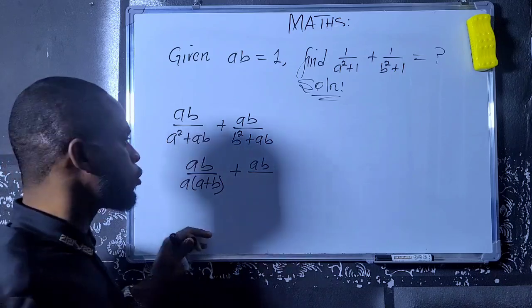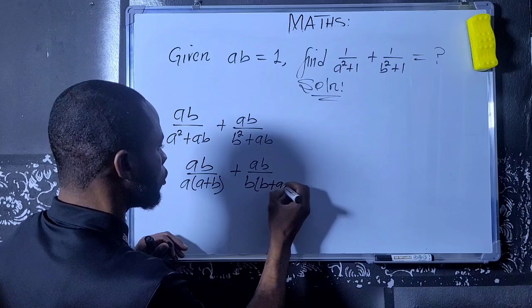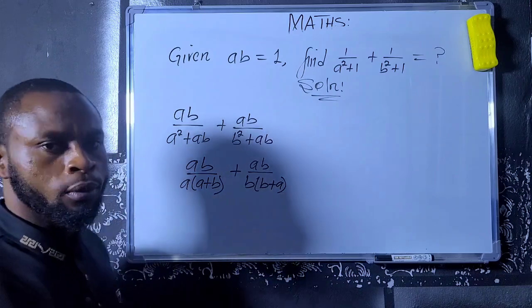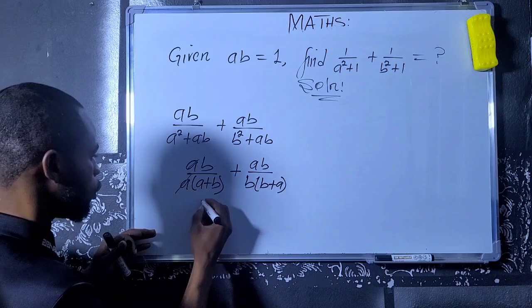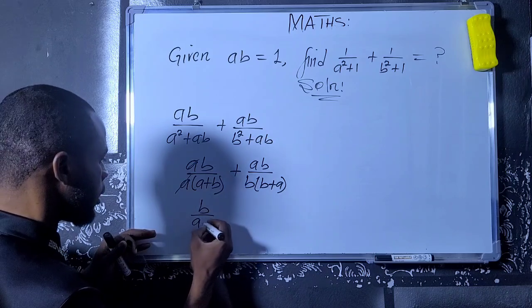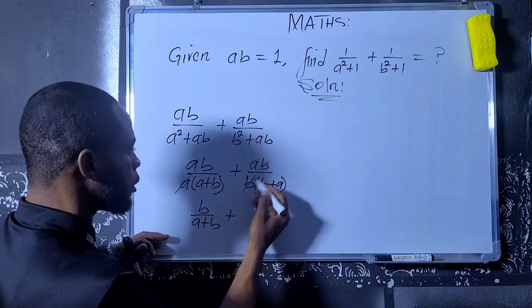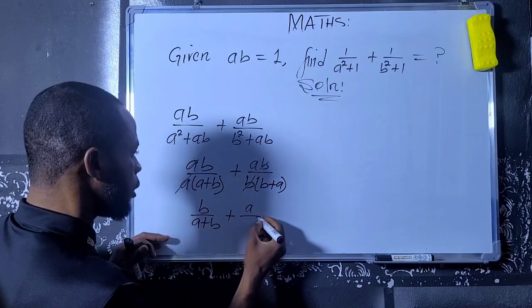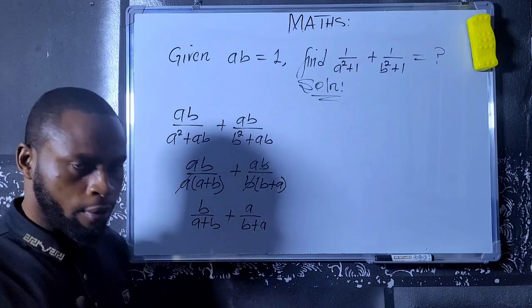We are going to factor out B and we have B into B plus A. Then here A will cancel out A and we have B divided by A plus B, plus here B will cancel out B and we have A divided by B plus A.